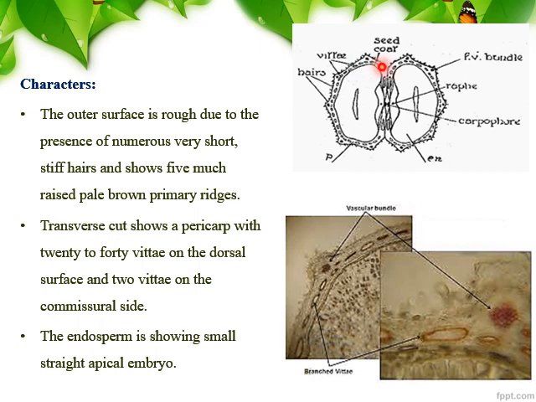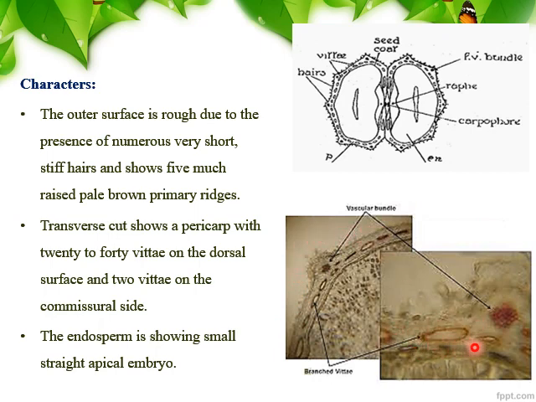With anise, numerous vittae, as we have branched vittae, so this increases the number of vittae on the dorsal side, but on the commissure we still have the 2 vittae on each half. The outer side, under the microscope, shows numerous vittae due to branched vittae, bicollateral vascular bundle, and non-glandular unicellular hair.